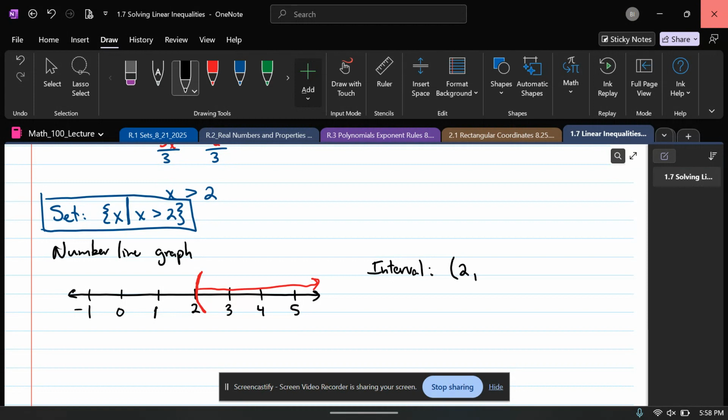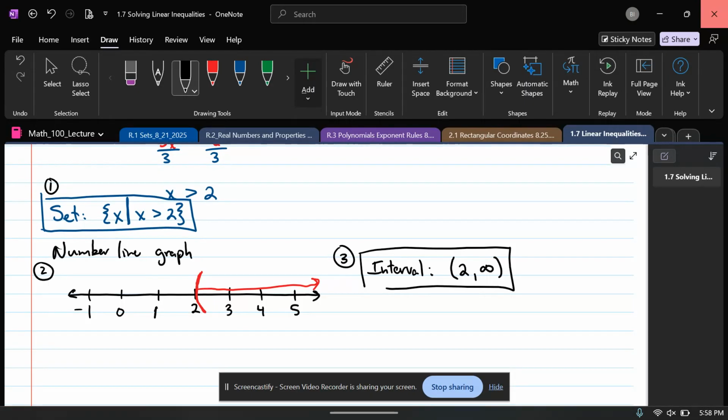So that's going toward positive infinity. And we always put a parenthesis on our infinities. So we've got 3 different types of answers that we have to be able to do: set notation, number line graphs, and interval notation.